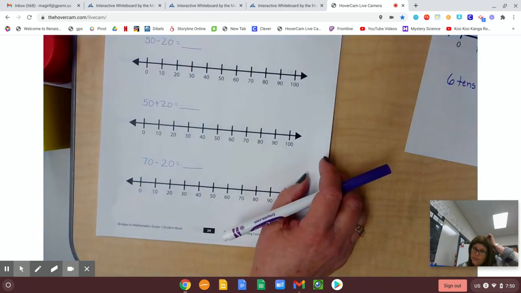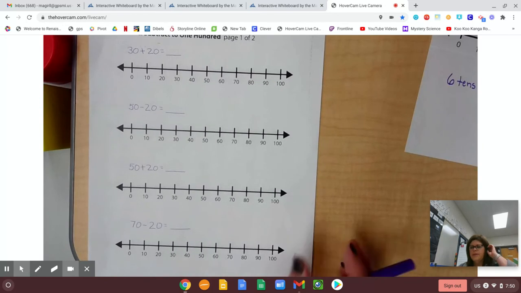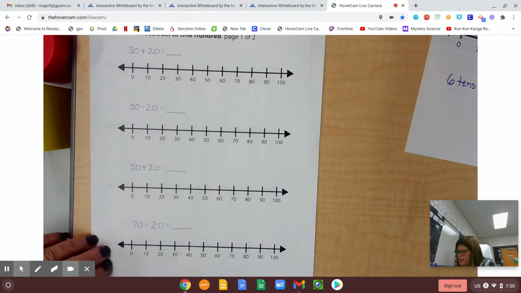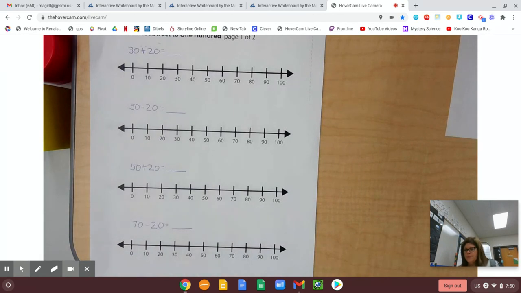If you don't have them, then you can write down these addition problems and figure them out later. But if you have the math papers, it's 24 and 25 with the number lines from our regular Bridges math book. If you need a pause to find it, just push the pause button and then come back when you're ready. Okay?